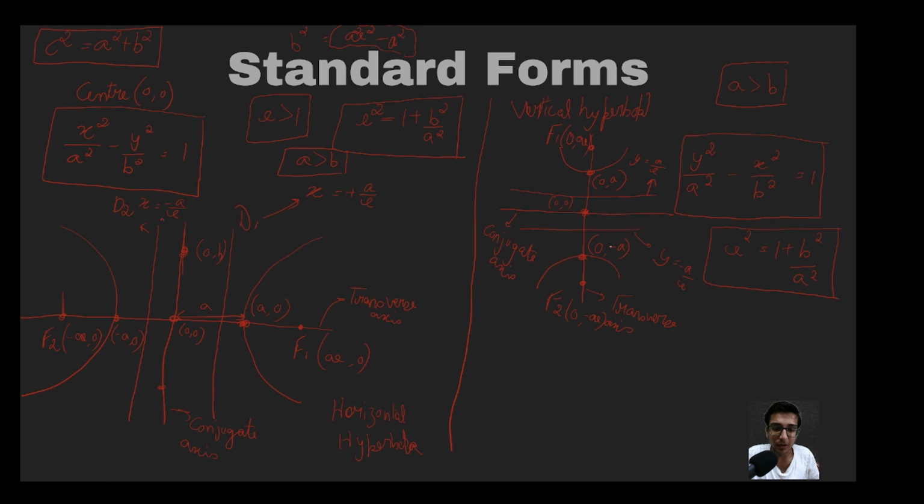So nothing different from the horizontal hyperbola. The only thing is that the values have been shifted to the y coordinates, and the equation is written in this format: y square by a square minus x square by b square, which is equal to 1. Basically, we have replaced x with y and y with x.